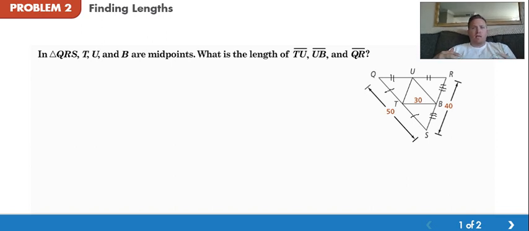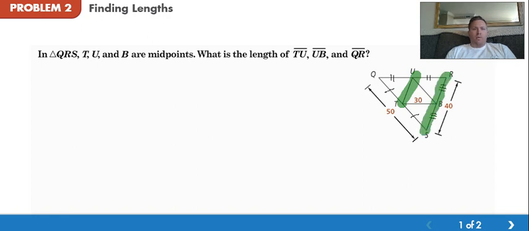So remember that it said that the two lines are parallel, and also that one segment is half the length. So we're going to use that in order to solve right here. Okay. So let's do the first one. I'll use a highlighter to kind of help me out. It says, what is the length of TU? So we have TU, this one, and we look at the one that it's parallel with, which would be RS right here.